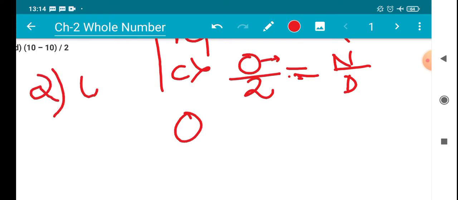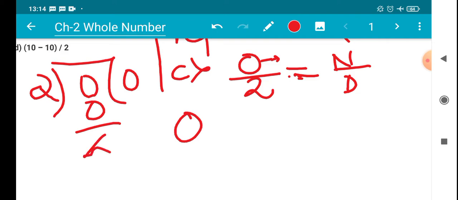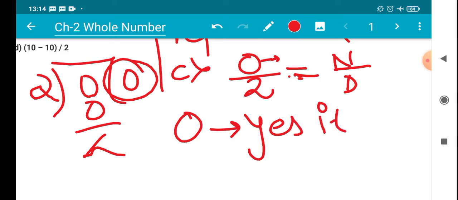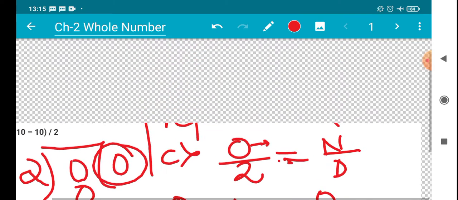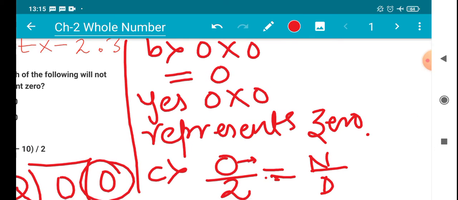So yes, 0 by 2 represents 0 only, isn't it?